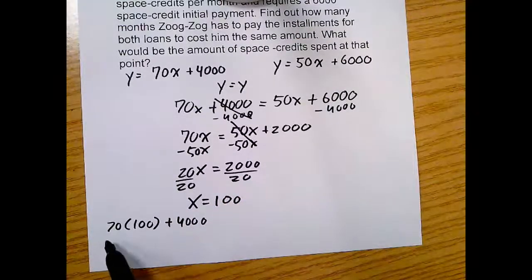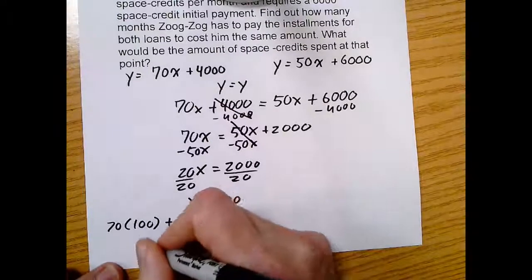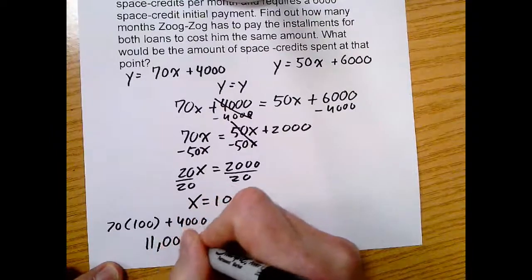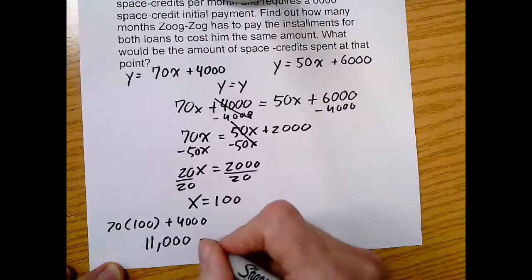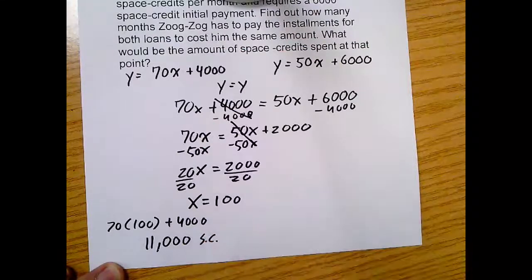Okay, so 70 times 100 is 7,000, and 7,000 plus 4,000 is 11,000. So we know that after 100 months, Zugzag will have paid 11,000 space credits. I put SC for space credits.